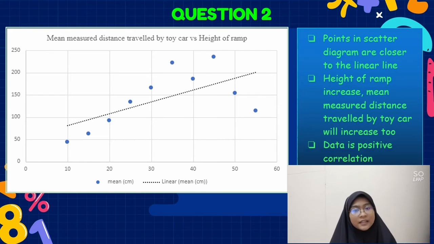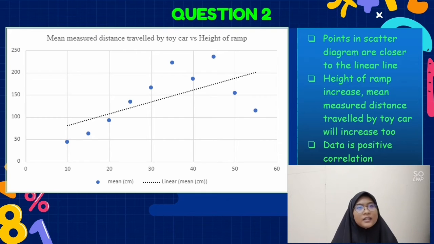As you can see in the slide, I added a linear line in the scatter diagram because in order for me to answer the question, does the scatter diagram exhibit a linear relationship for two variables, I have to add the linear line because as you can see, the points in the scatter diagram are close to the linear line.